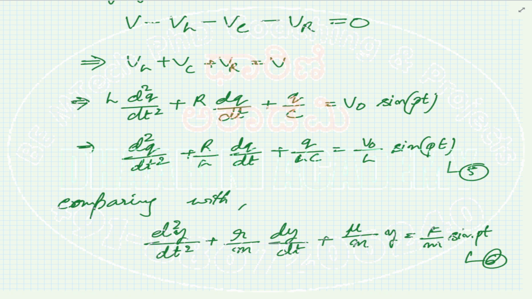At the same time, the original equation that we wrote for any mechanical or physical vibrating system looks like d square y by dt square plus r by m dy by dt plus mu by m into y is equal to f by m into sine pt.